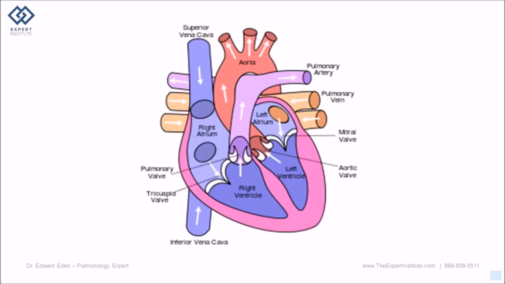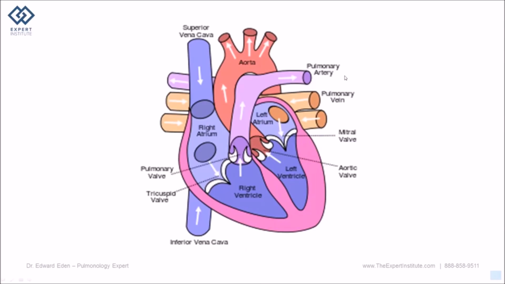Next. So here we are at the heart diagram. You notice that there's the right ventricle on your left and the left ventricle on your right, and the pulmonary clots usually come through the inferior vena cava, up through the right atrium, down through the right ventricle, and out to the pulmonary vessels, or so-called pulmonary artery.